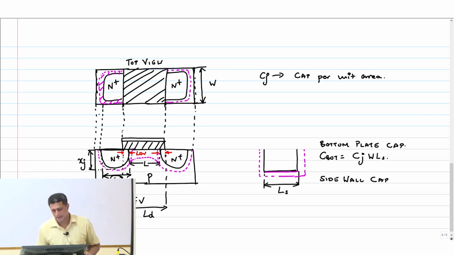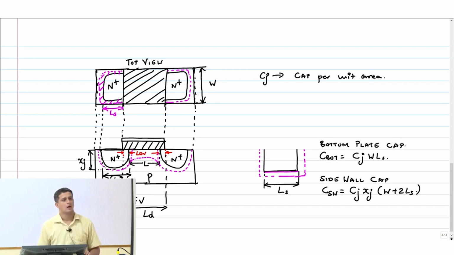So side wall cap is again going to be Cj, C side wall is Xj into W plus 2Ls, because this dimension is Ls and this other dimension is W. Total perimeter we are talking about is W plus 2Ls. So it is Cj into Xj into W plus 2Ls.